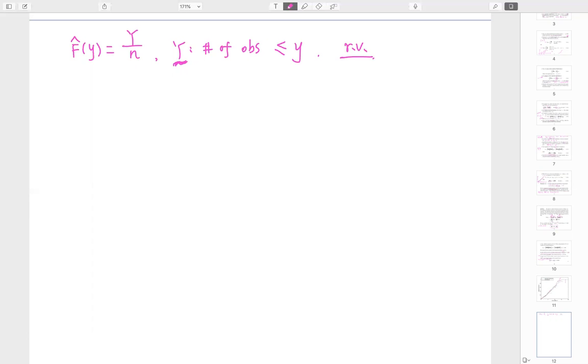Now what would be the distribution? So the first question is, what is the distribution of Y? This random variable, right? So it counts the number of observations that are less than or equal to small y. Okay, we don't know the true distribution, but we know it exists.